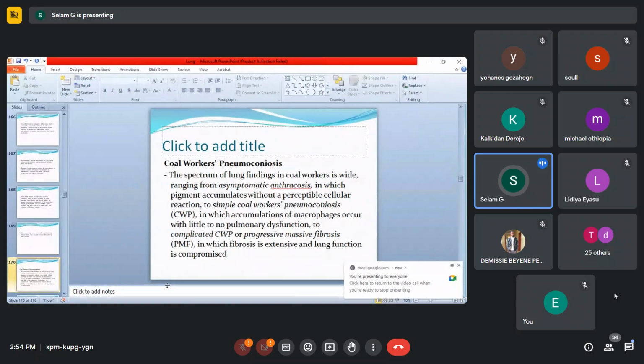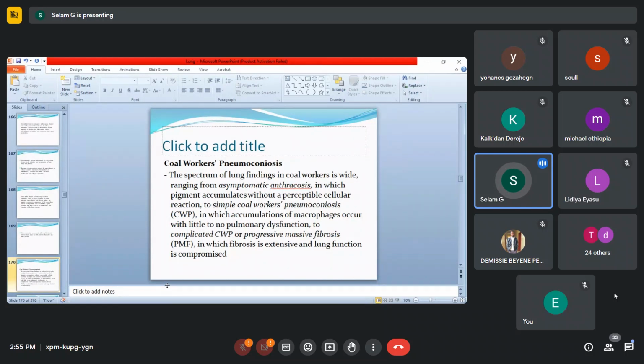Coal was used so much, and working in mines was very much the case. People used to work in coal mines, asbestos mines, and then many factories. So it was very important then. Still, there are a significant amount of cases you see.